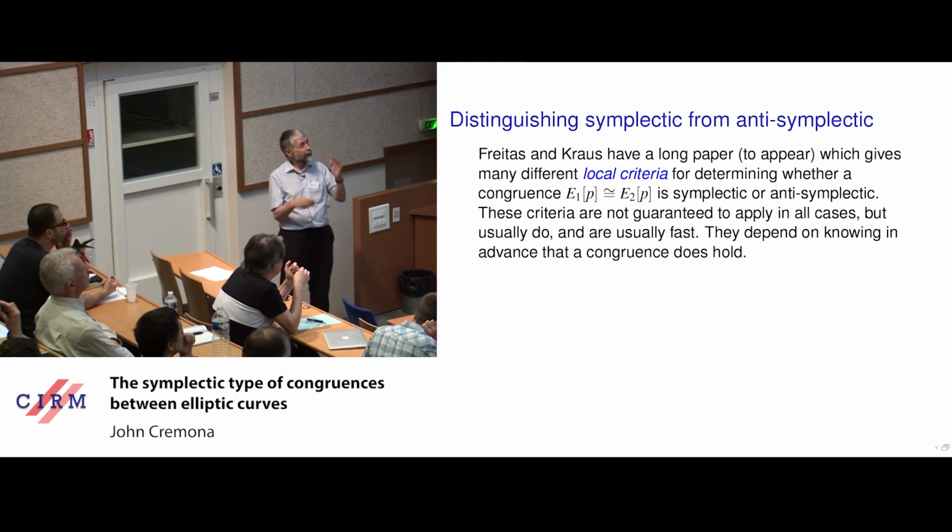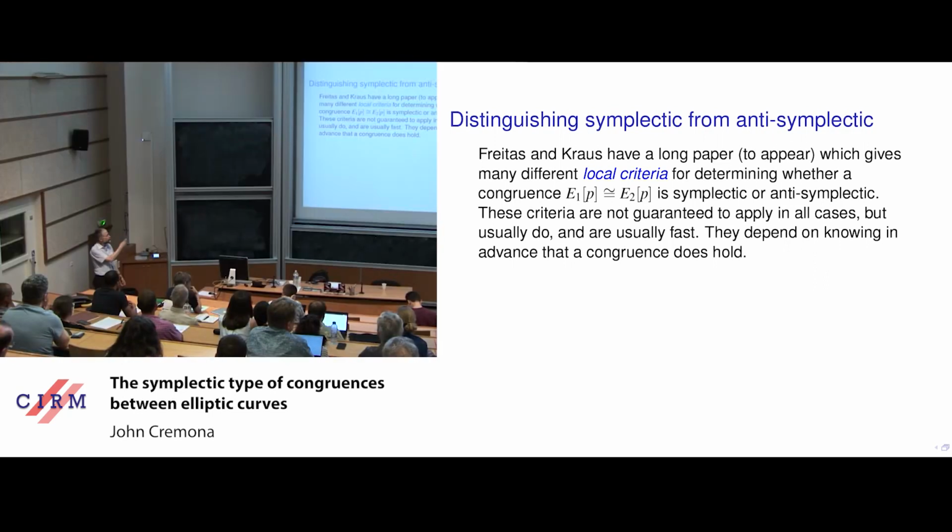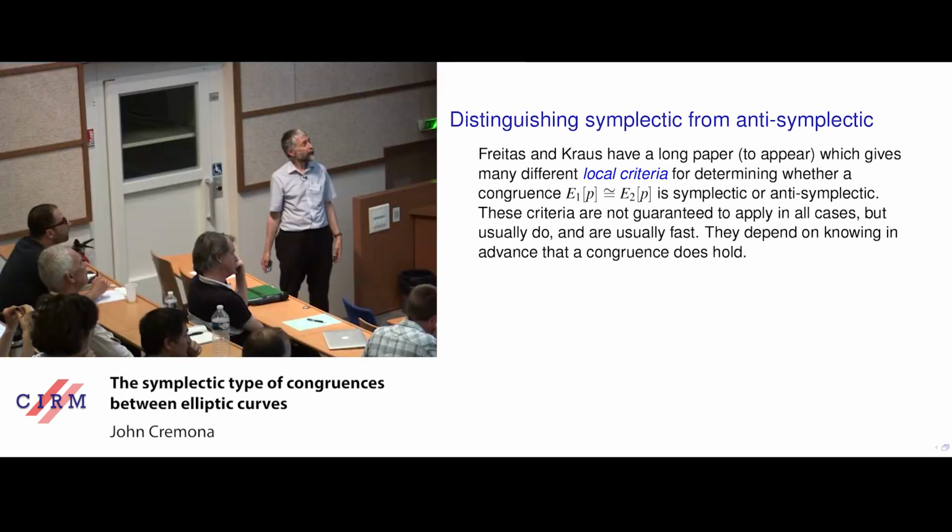So on the one hand, all of these congruences that I found by going through the database, I gave all these pairs of curves to Nuno, who came back and told me whether they were all symplectic or not. And in the case of p equals 7, I did an entirely independent calculation based on modular curves, which I'll now go on to tell you about, which also decided whether they were symplectic or not, and happily the results agreed. That was only for p equals 7 that we have these two different methods.